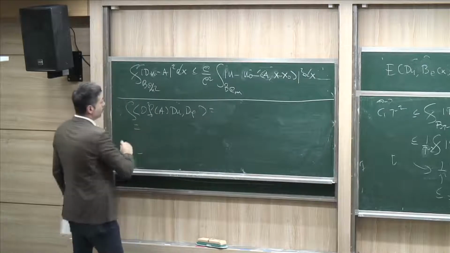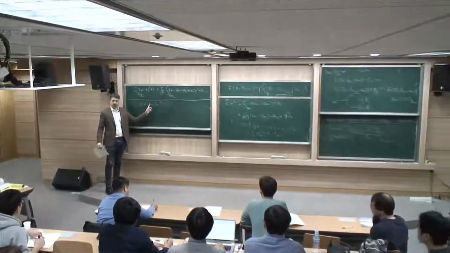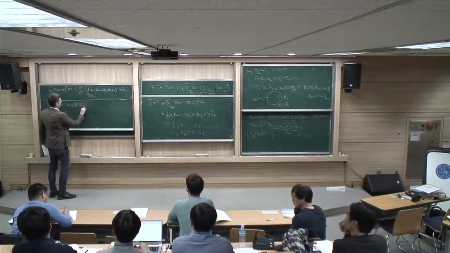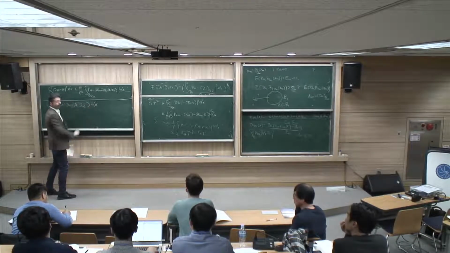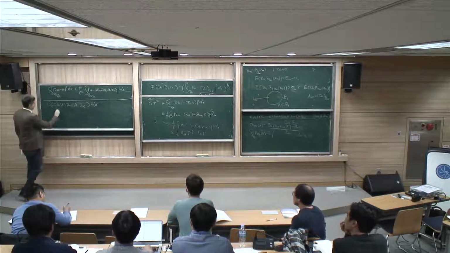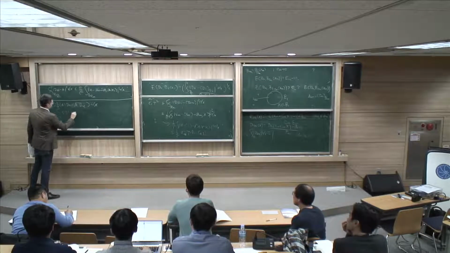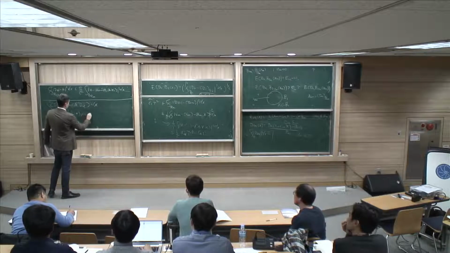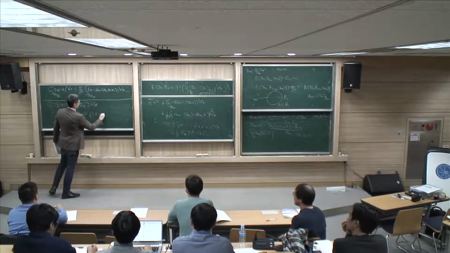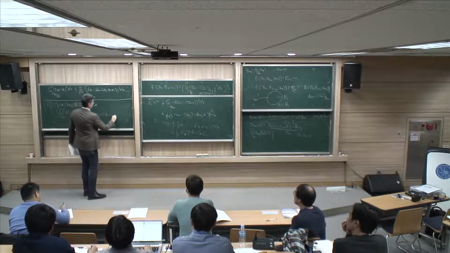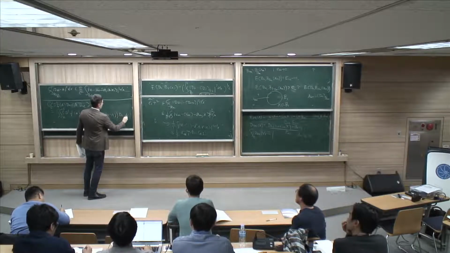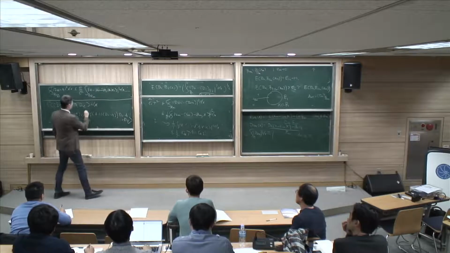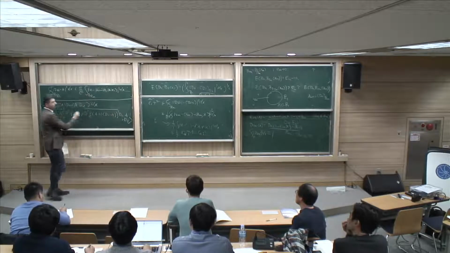You write down, which is known to be nothing, because this is your original minimizer. You further subtract the average, because you know you have to subtract the average. And you write down in the following way, from 0 to 1, and here you use that du is solving the Euler-Lagrange equation.